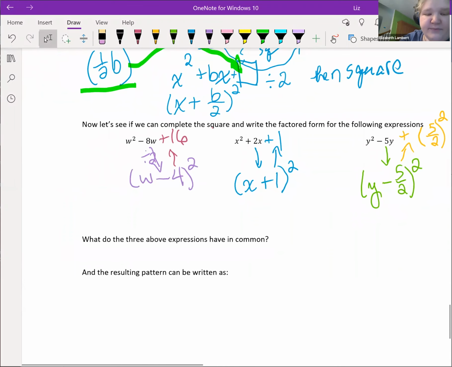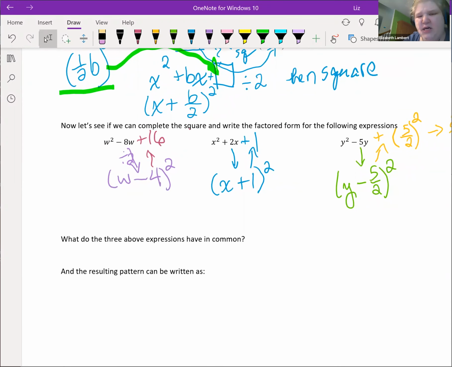All right. So what do these three expressions have in common? This is the thing I've already been saying. They all have a 1 on the squared term. In order to use this process, it must be a single square. No 2x squared, no 3x squared, no negative 4x squared. Got to be just 1x squared.